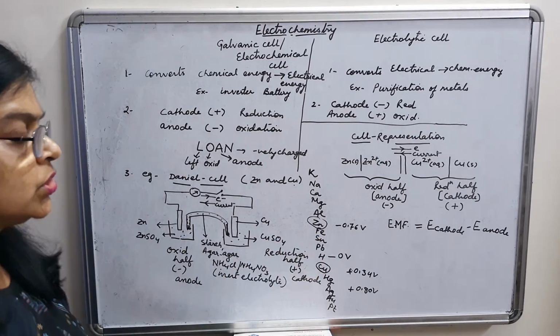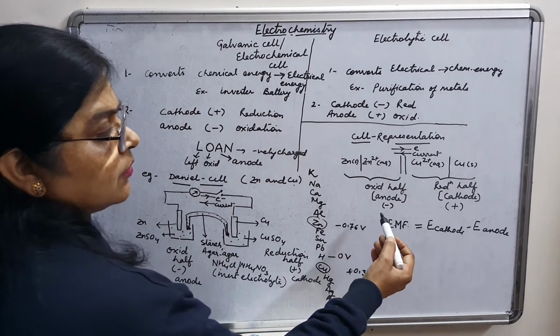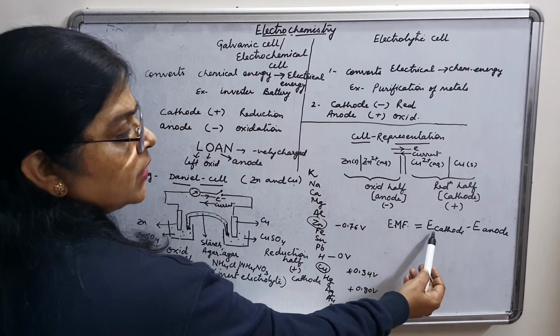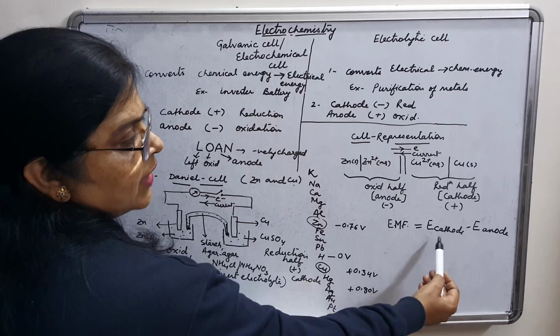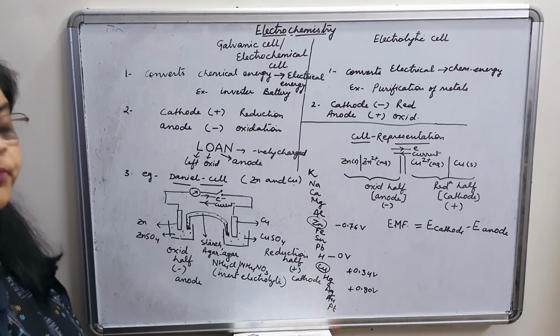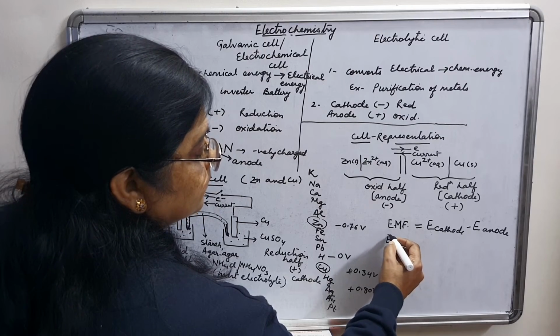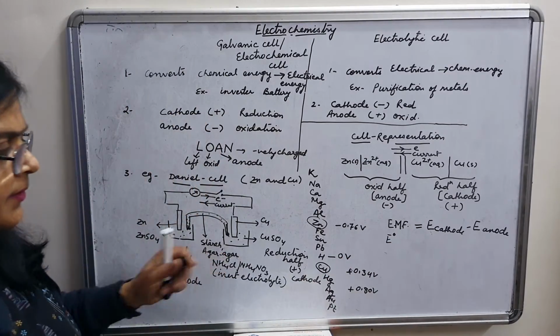EMF or cell potential, we can find out standard cell potential by taking standard values of electrode potential of cathode and anode. Now, what is cathode potential? Cathode is here copper.